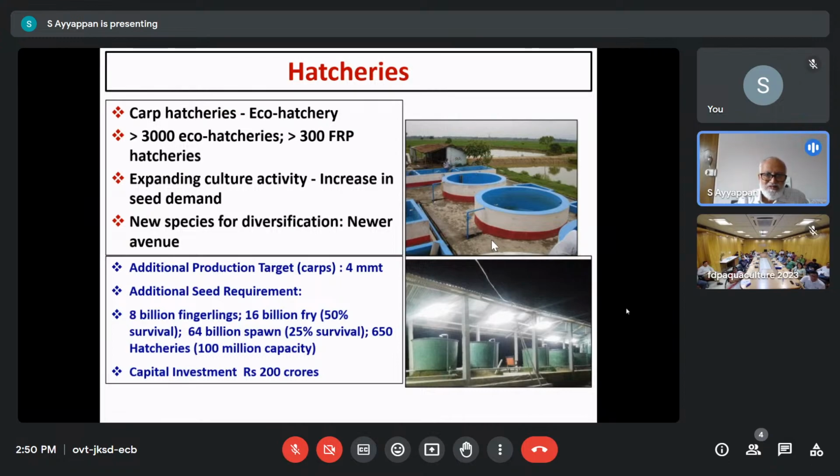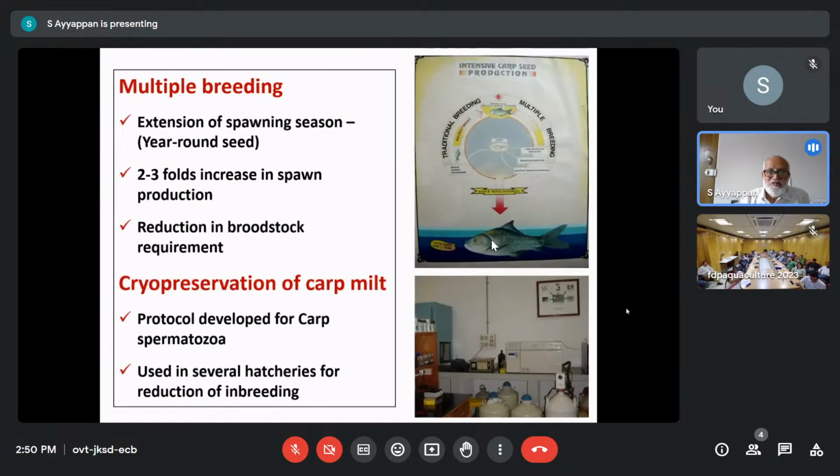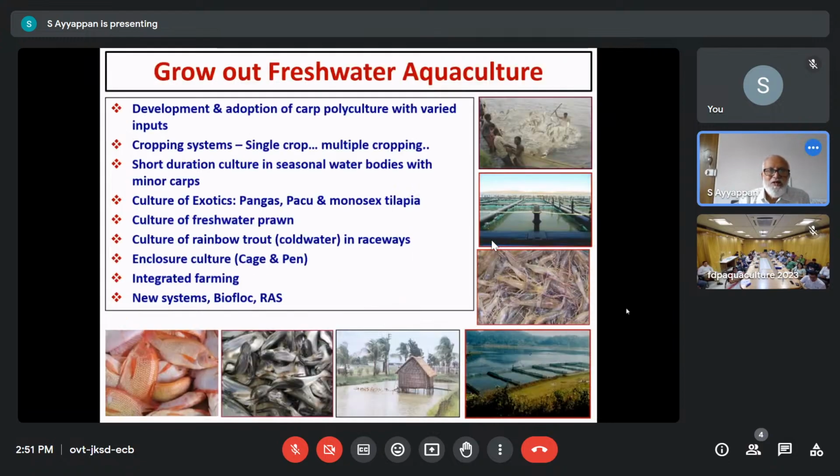What is being discussed is at least a doubling of that also. So in that context, a lot of standard work on fry and spawn and fry rearing, and then also the multiple breeding. You must have heard about it. It's 2 times, 3 times, 4 times in a spawning season, and extended spawning season when it comes to carps, and then growing freshwater aquaculture in different forms.